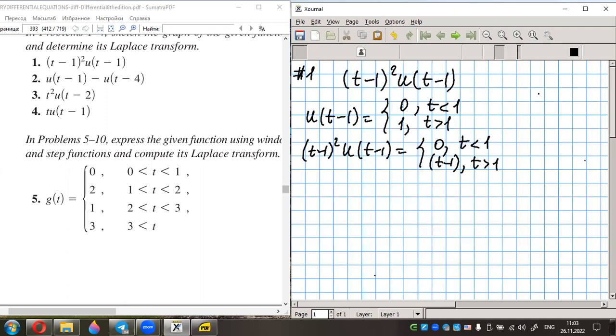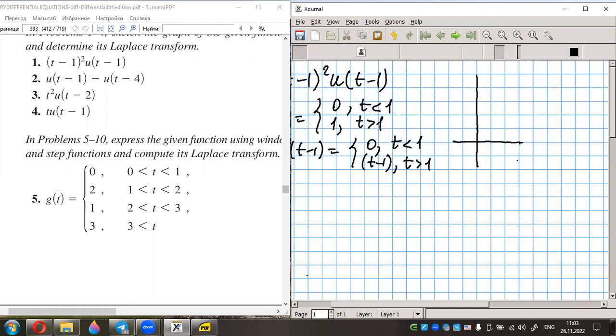So if we draw what we have, for t less than 1 it is 0, it's this one line, and I forgot the square here. And if t more than 1, we have a parabola, something like this.